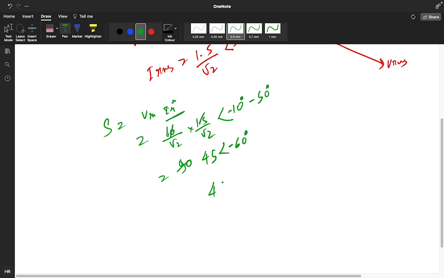If you solve this, what will you get? 45 cos minus 60 plus j 45 sin minus 60. Tell me the result. Cos 60 value is? Cos 60 is how much? 0.5. Okay, put the value and get the result then.